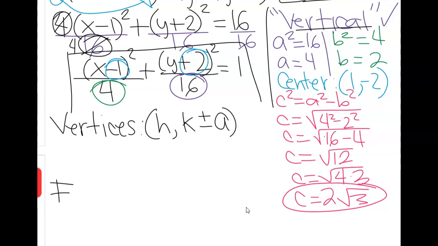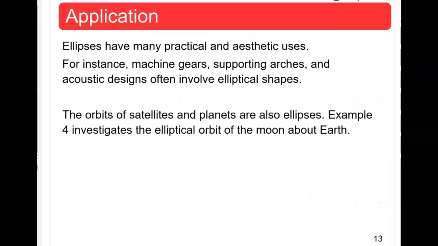And for the foci, it's going to be h plus minus, no, not 2h. Remember, we're doing a vertical ellipse. So k plus minus c. And that is how you will find your 2 points.